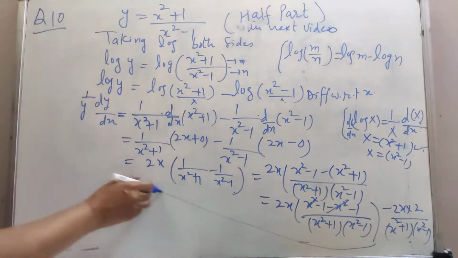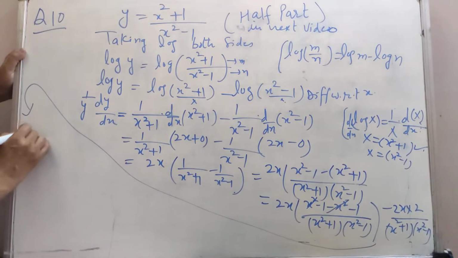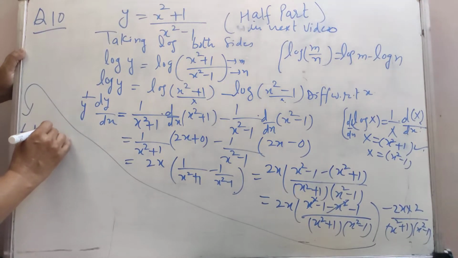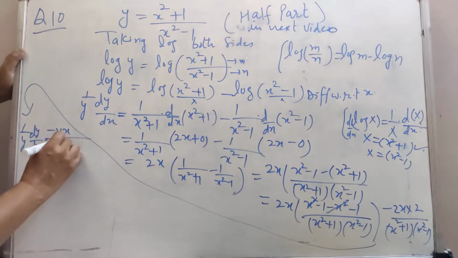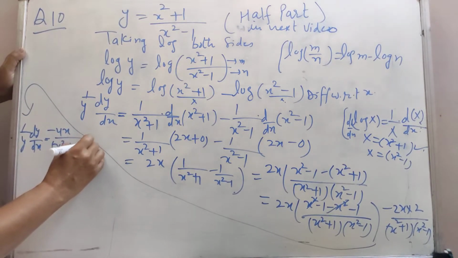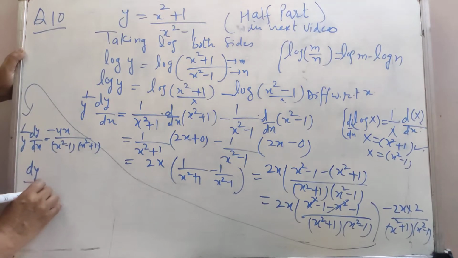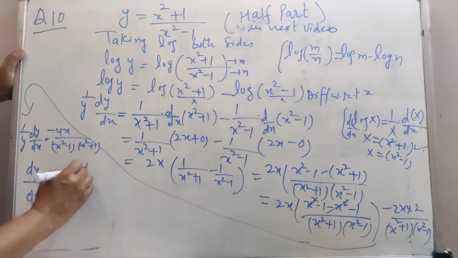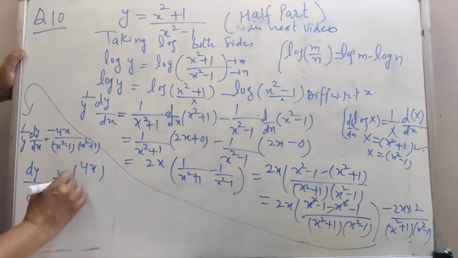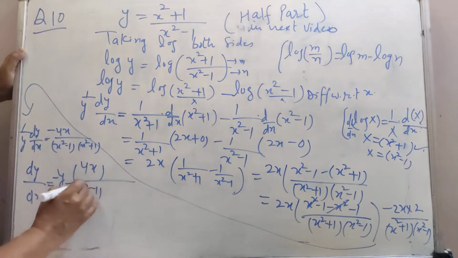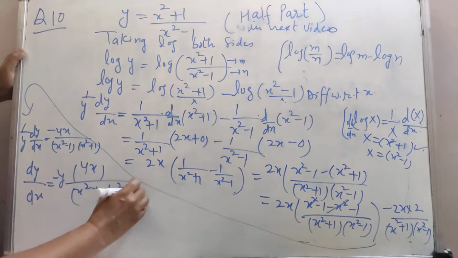Now come this side. So we have 1 over y dy upon dx is equal to minus 4x over x square minus 1 into x square plus 1. So what is dy upon dx? This is equal to y into minus 4x over x square minus 1 into x square plus 1.